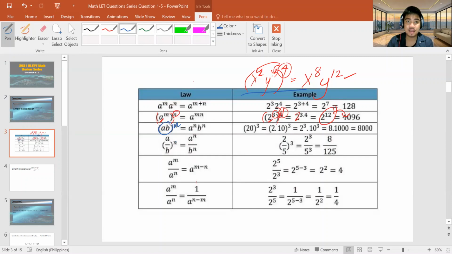So, we have ab raised to n. So, yung n, i-distribute sa lahat ng factors dito. So, we have a raised to n and then we have b raised to n. So, for example, if we have a raised to 2 and then we have b raised to 3, the quantity raised to 2. So, ang gagawin natin dito, i-distribute natin yung 2. Example, we have 2 here.